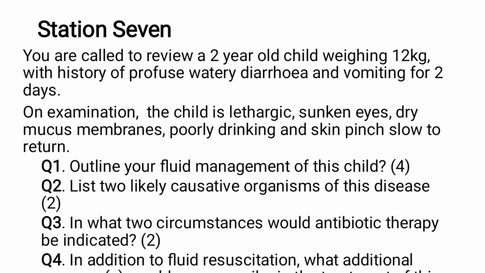In severe dehydration, if the child is more than 1 year or more than 12 months, we still give 100 ml per kg, but we divide it and give it in 3 hours. So we say 30 ml per kg in 30 minutes. That's the first one we are supposed to give.